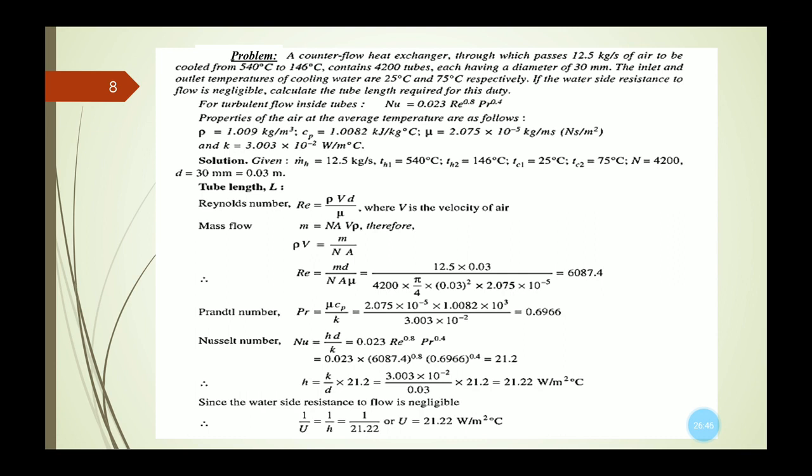So n is the number here, that means rho v is coming as small m divided by nA. Now this relation of rho v we will use in the formula of the Reynolds number. So Reynolds number we can write as m d divided by n A mu.